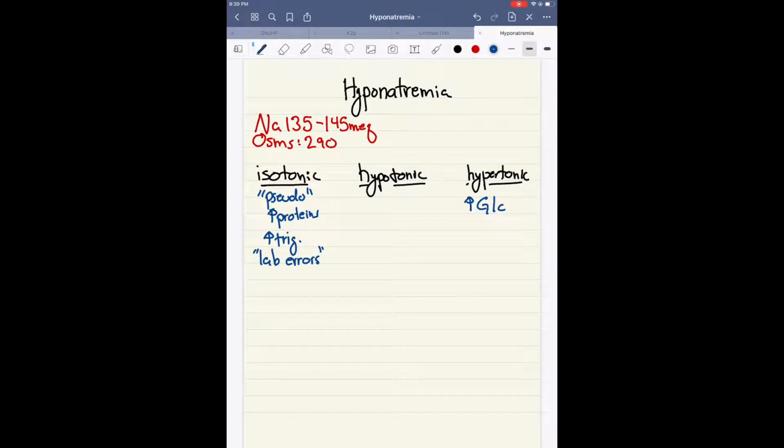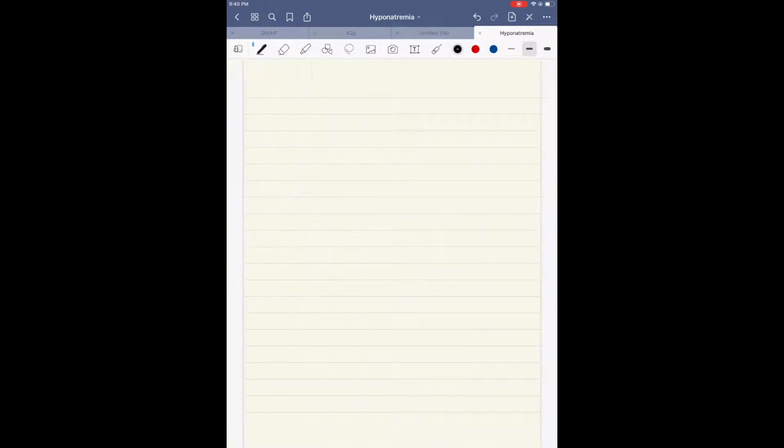Our next step is hypotonic hyponatremia. Hypotonic hyponatremia is what we classically talk about. 90 to 95% of hyponatremia falls under this category, and we're going to form a big differential here. The reason we want to form a differential is that it helps us not only with the treatment, but also in prevention of this from happening again.